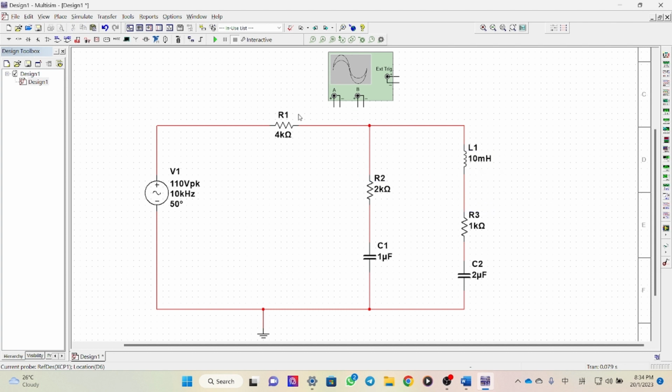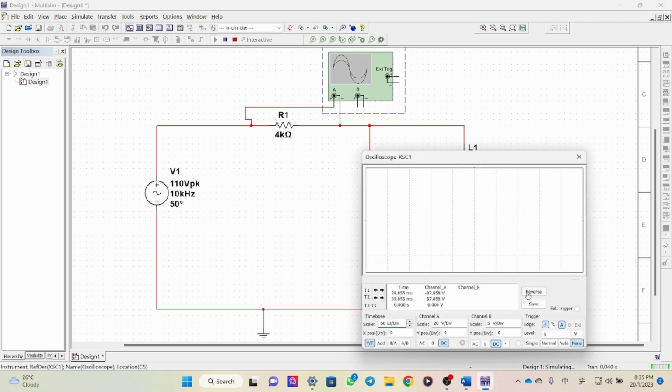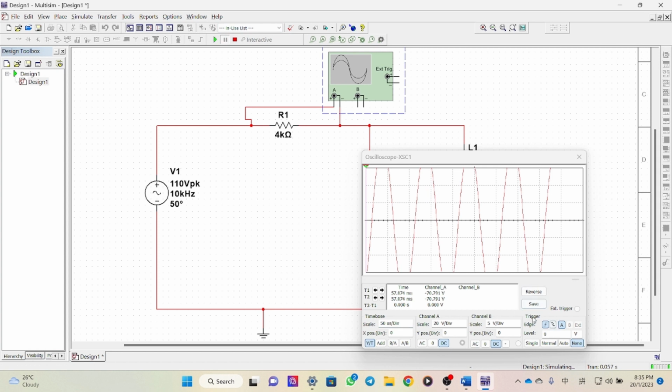So next step, we want to measure the voltage. So we connect it to the component that we want to measure, for example R1. And then we press the run button. And we adjust first.